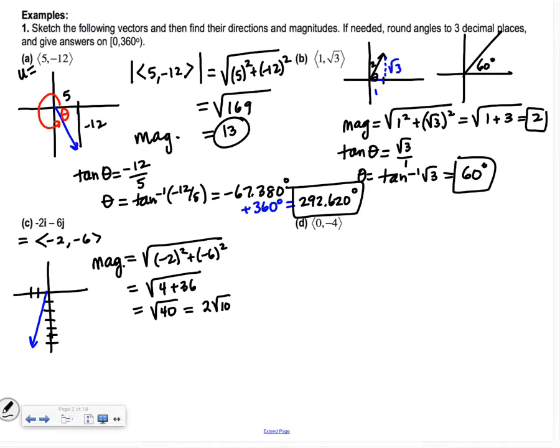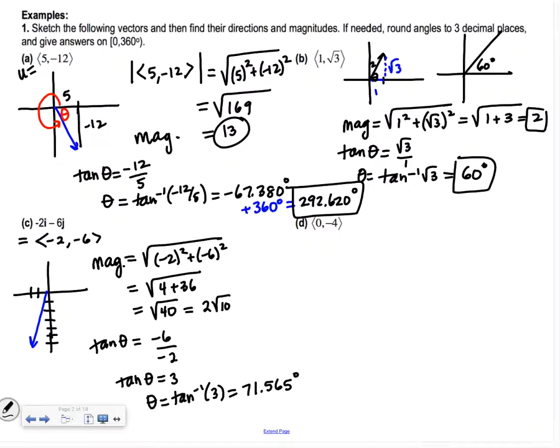Then we have to find the direction. If I do tangent of theta equals the y over the x, I get tangent of theta equals 3, so theta is equal to inverse tangent of 3. That's 71.565.